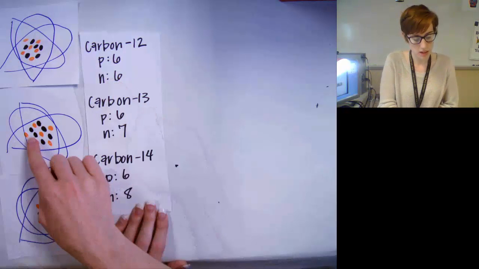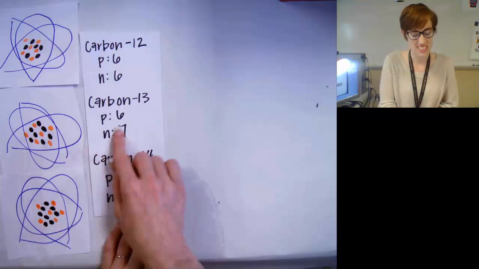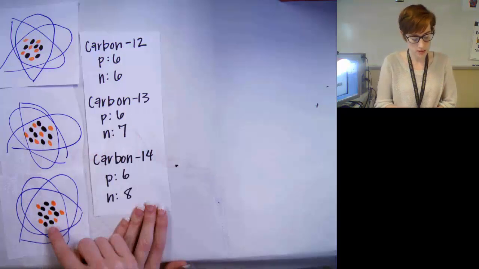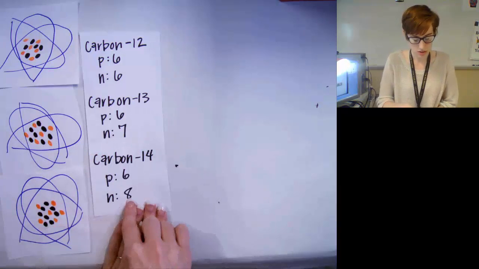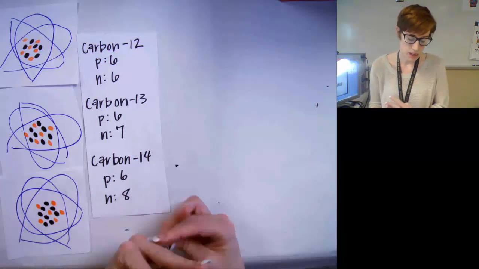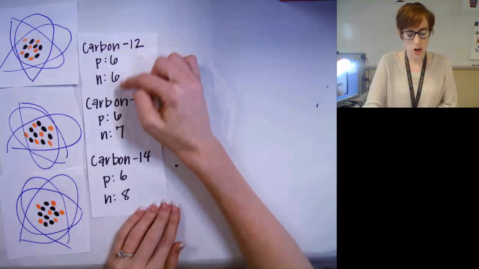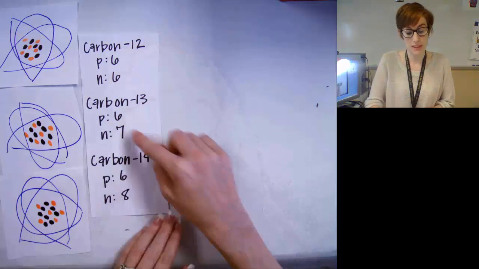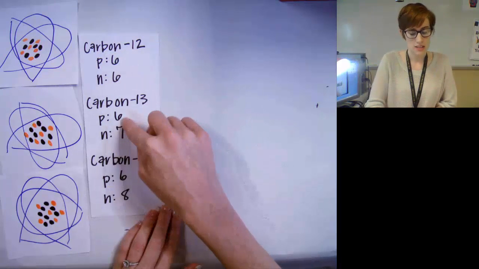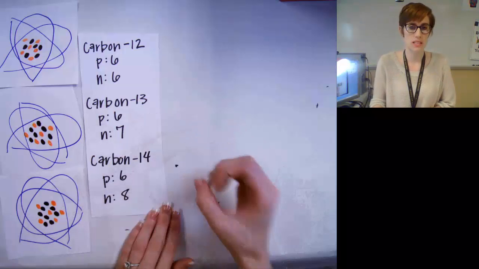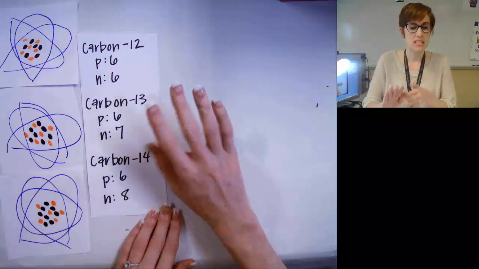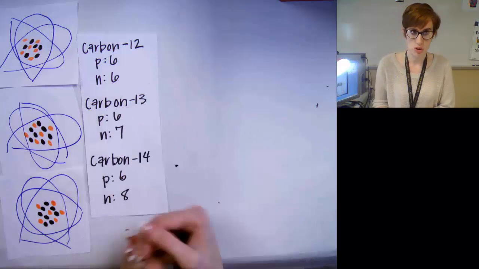This carbon atom has 7 neutrons, and this carbon atom has 8 neutrons. What that means is that these atoms are all carbon because they have 6 protons. That is what makes them a carbon atom. But what makes them different is their number of neutrons.